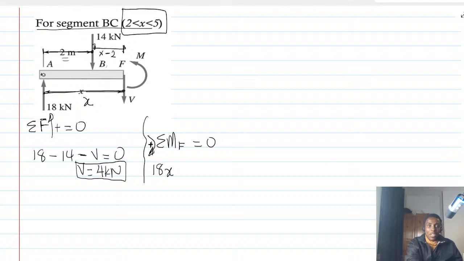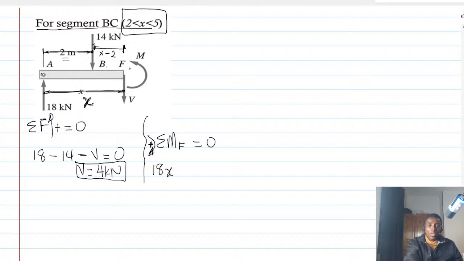Therefore, the remaining distance will be what? The difference between what? X and 2. And that is the reason why from here to here is what? X minus 2.